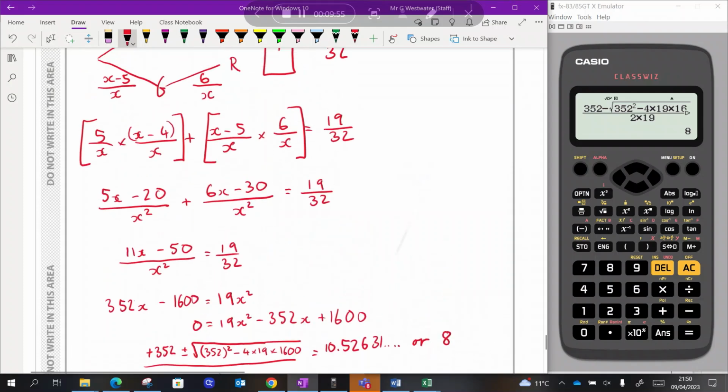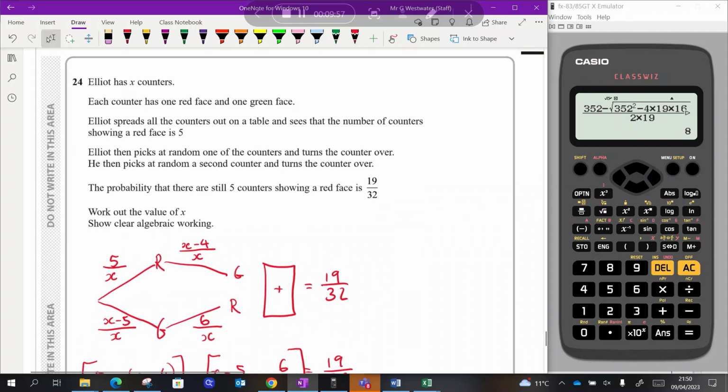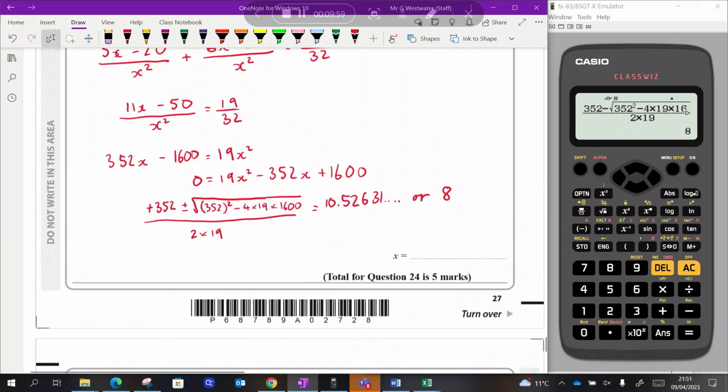So which of these makes sense? Well, what was x originally? Elliot has x counters. Well, I can't have a decimal amount of a counter, so I must have 8 counters.